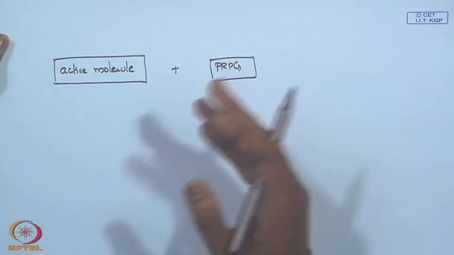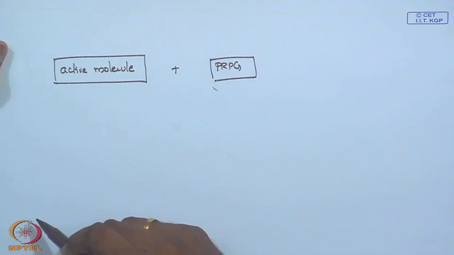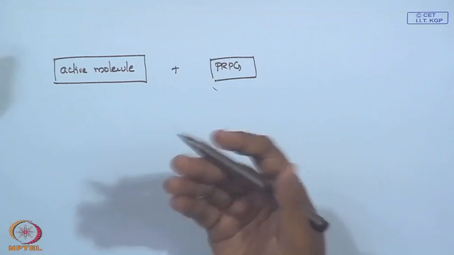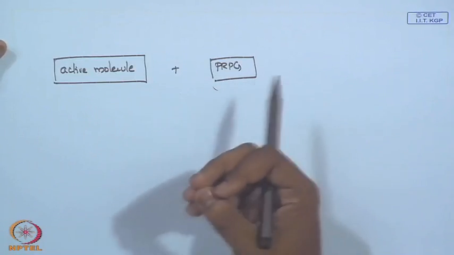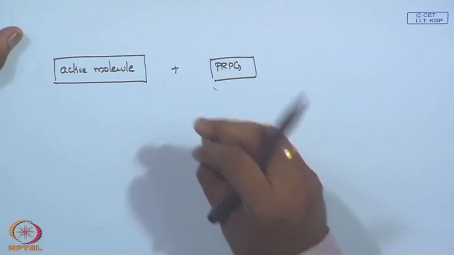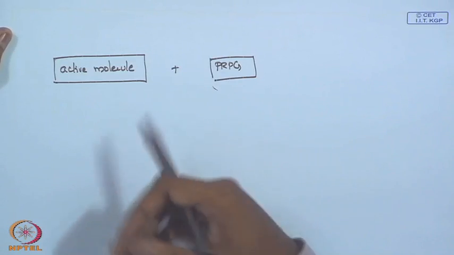There are protecting groups which can even absorb at 410 nanometers. After it releases, it should also not be toxic to your system. Keeping all those points into consideration, you can select your photo removal protecting groups, and several are even being designed nowadays.